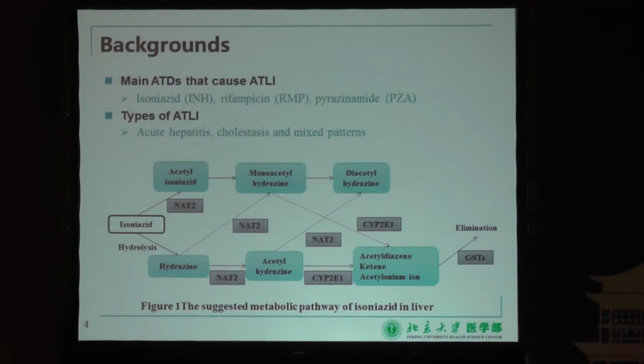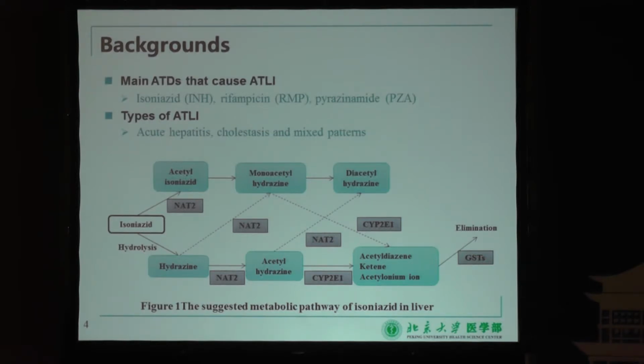Among all of these first-line anti-tuberculosis drugs, isoniazid, rifampicin, and pyrazinamide were the main drugs causing the ATLI. However, based on the difference in mechanism, ATLI can be divided into acute hepatitis, cholestasis, and mixed patterns.